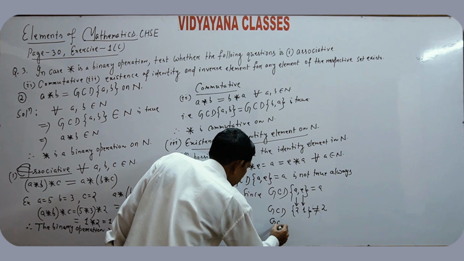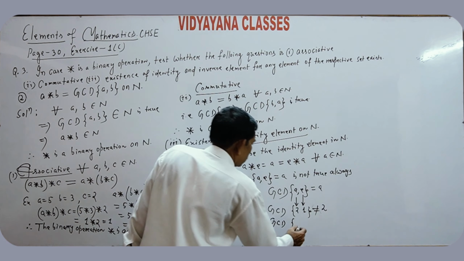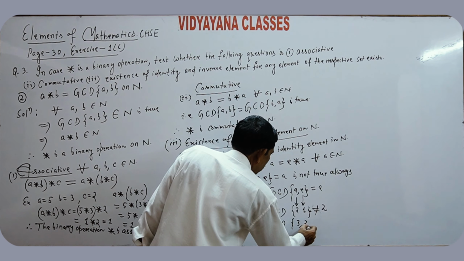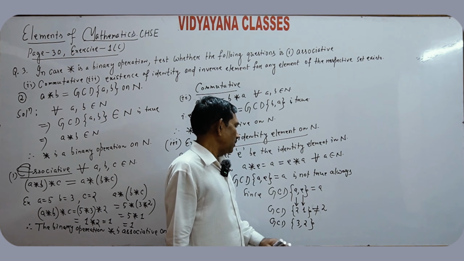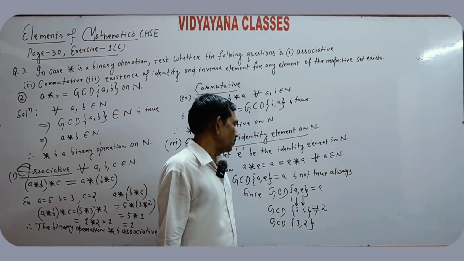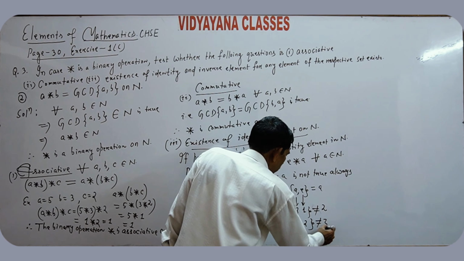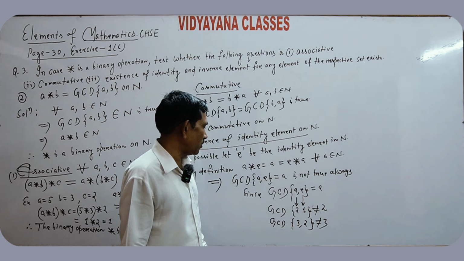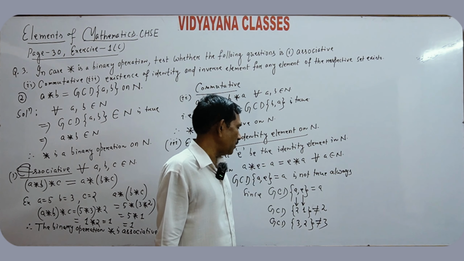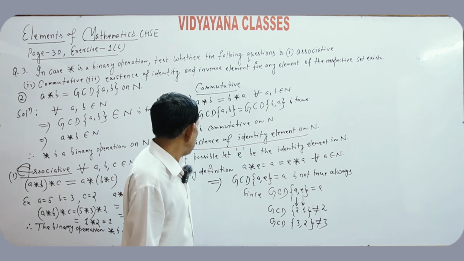Similarly, A is taken as 3, E is taken as, suppose, 2. Since the greatest common divisor of 3 and 2 is 1, not equal to 3. Clear?